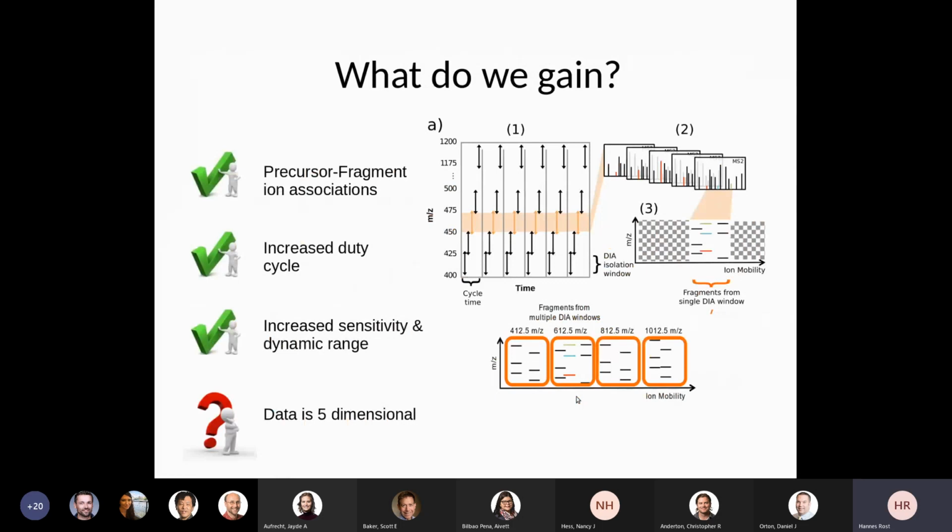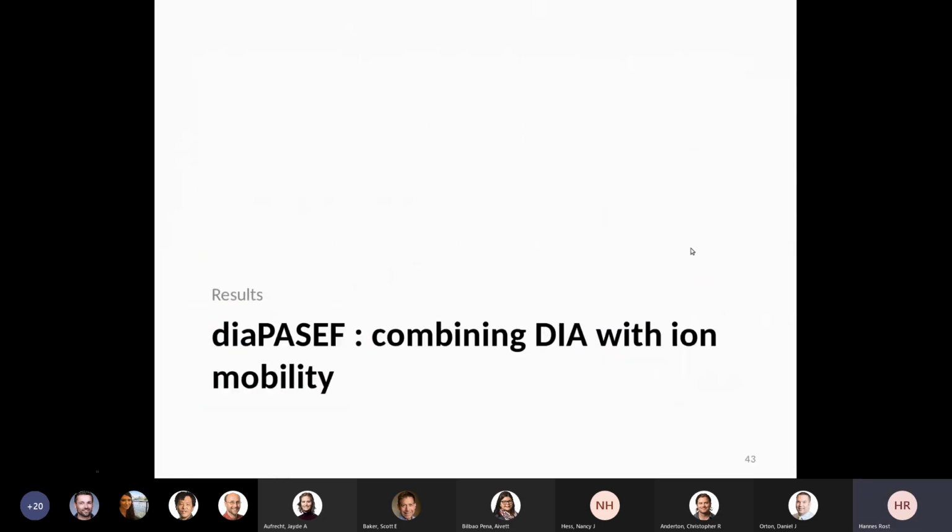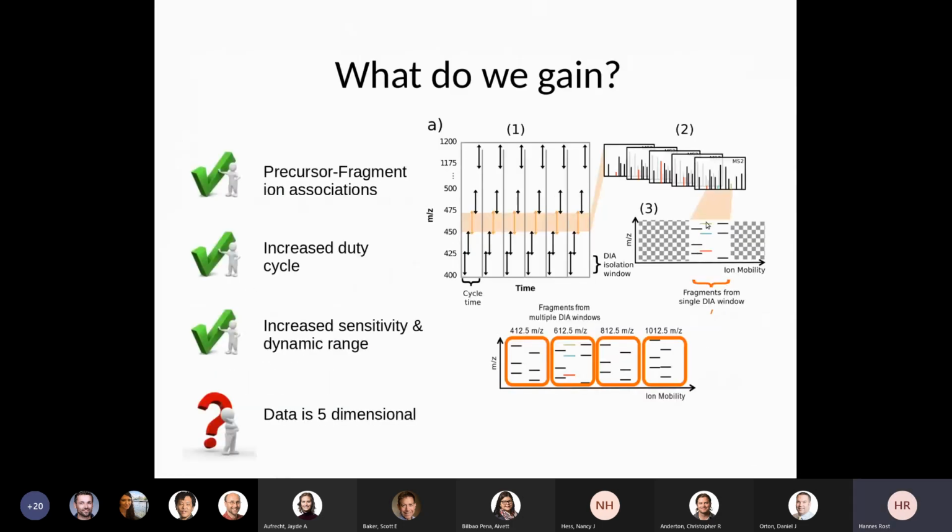So with this acquisition method, we now believe that we have addressed some of the main concerns that we have had around data independent acquisition, namely the loss of precursor fragment ion association. This can be addressed by simply using the ion mobility separation aspect and separating out individual precursor ions, whose fragment ions will then fall on a different space in ion mobility.